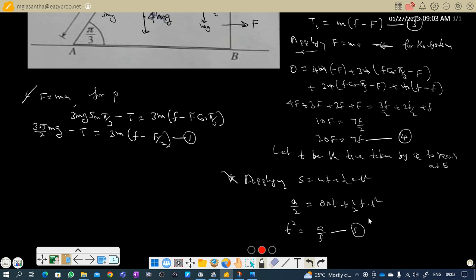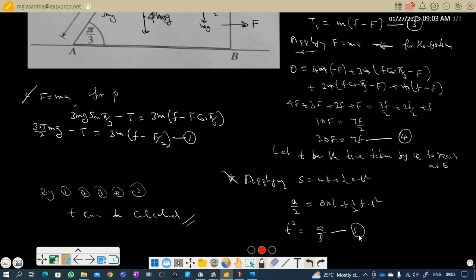Now using these equations, 1, 2, 3, 4, 5, T can be calculated, right? Using 4 equations you can calculate simple f, you don't need to find capital F. Then you substitute simple f here, then you can find time t, right?